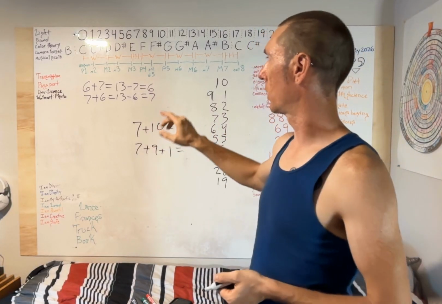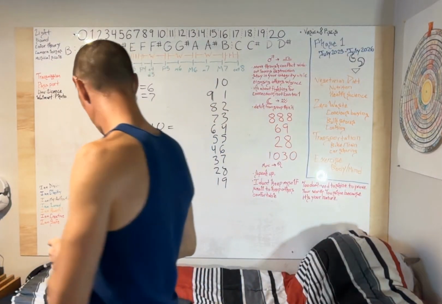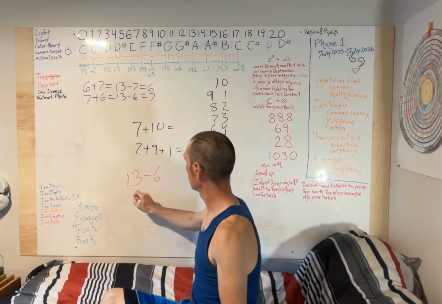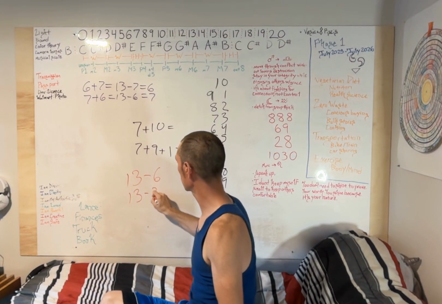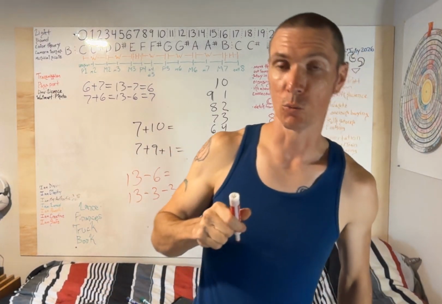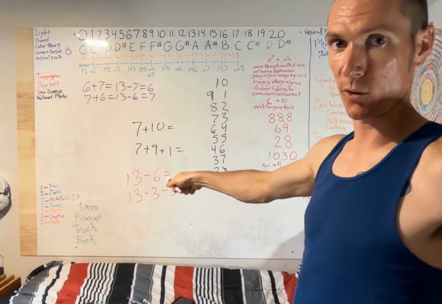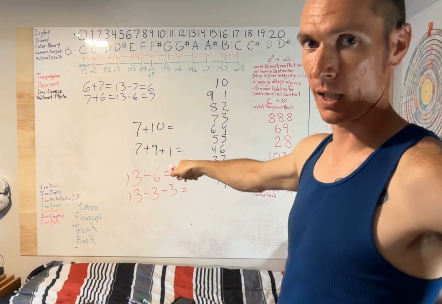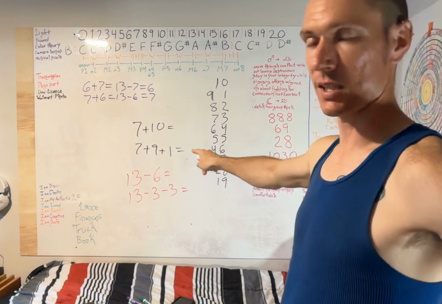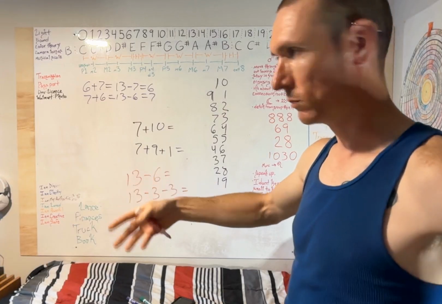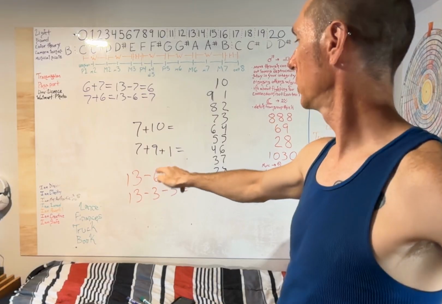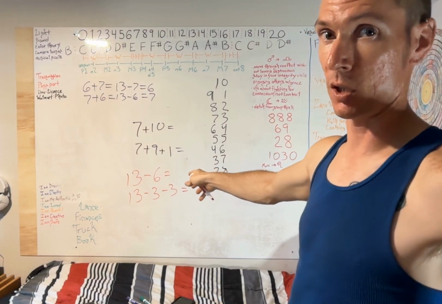So when I'm doing 13 minus 6, 13 minus 6 is equal to 13 minus 3 minus 3. What you do is you take the subject 13. You break that 6 down into whatever two numbers is going to give you a 10. So that 6 can be represented as a 5 and a 1, a 4 and a 2, and a 3 and a 3. Since I'm dealing with 13, the counterpart that I'm going to use is the 3 and the 3.